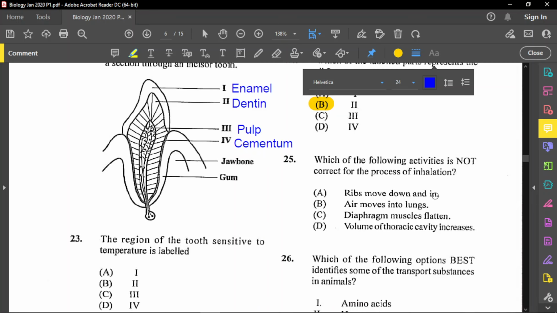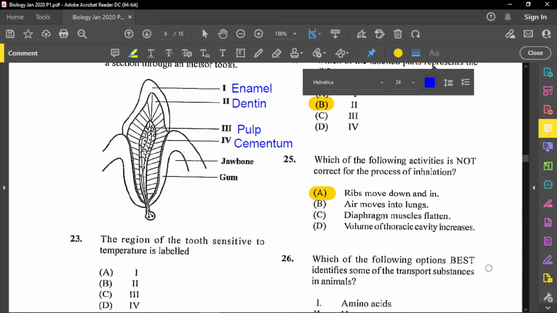That's actually when you're exhaling, because if the ribs move in, you're going to squeeze your lungs and squeeze the air back out. So that is definitely incorrect, and so this is the correct answer. Moving into the lungs, cool, that is good. The diaphragm flattens, yes, moving away from the lungs. And the volume of the thoracic cavity increases because more air comes in. So A is the answer there.